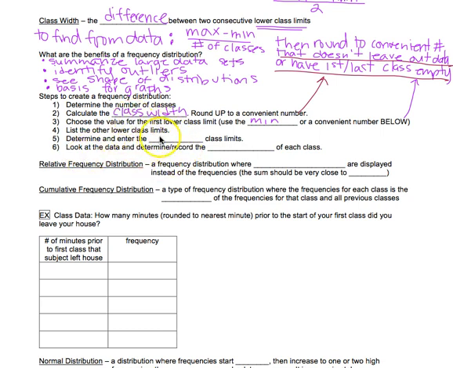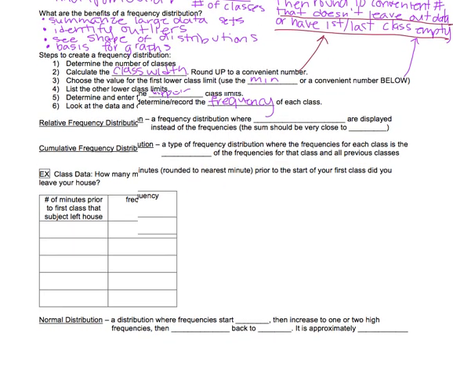Once you've done that, then you'll be able to determine and enter the upper class limits. So in the example I just gave, if my next class starts at 21, it would make sense that the class before it ends at 20, for instance. Then we look at the data and determine and record the frequencies for each class, meaning how many elements of data, how many subjects, do we have in that particular class.